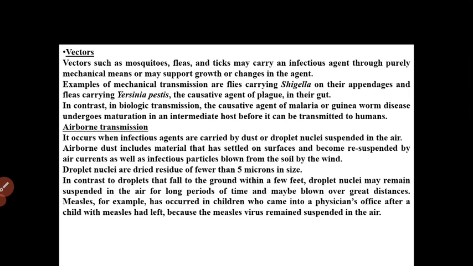Airborne transmission occurs when infectious agents are carried by dust or droplet nuclei suspended in the air. It includes material that has settled on surfaces and become resuspended by air currents, as well as infectious particles blown from the soil by the wind. Okay. Droplet nuclei are dried residue of fewer than 5 microns in size. In contrast to droplets that fall on the ground within a few feet, droplet nuclei may remain suspended in the air for a long period of time and may be blown over great distances.